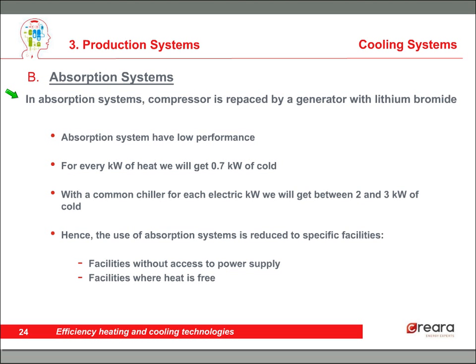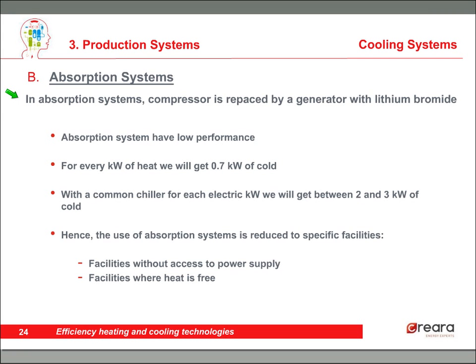Compared to electrically powered chillers, an absorption chiller has very low electrical power requirements, but from an energy efficiency point of view, these chillers have very low performance, from 50 to 100%.